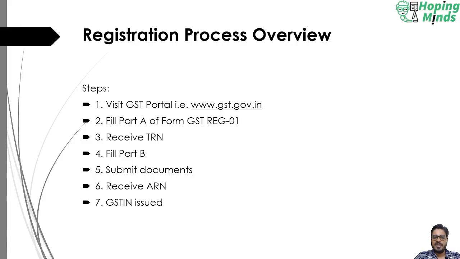The GST department processes our application within the stipulated time, and if it finds any deficiency in the documents submitted by us or the information furnished by us, it calls for further clarificatory documents, and upon satisfaction, it issues GSTIN. Once GSTIN is issued, we receive a provisional ID and a provisional password on our mail.